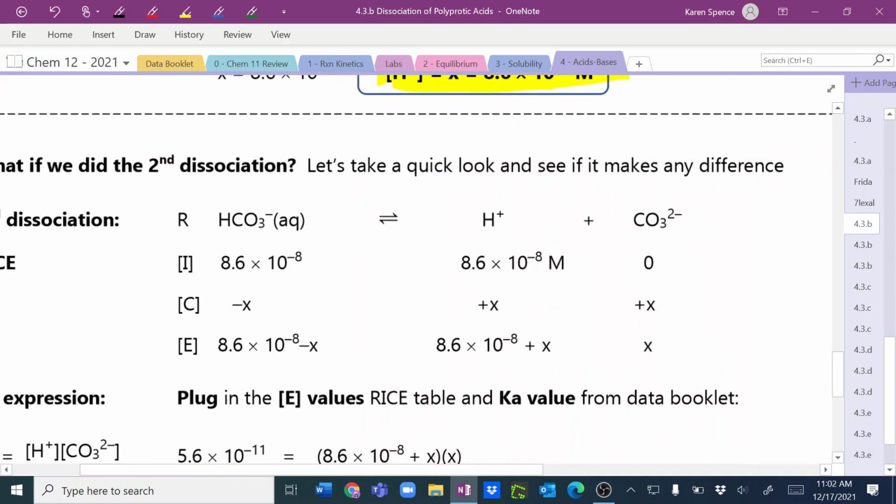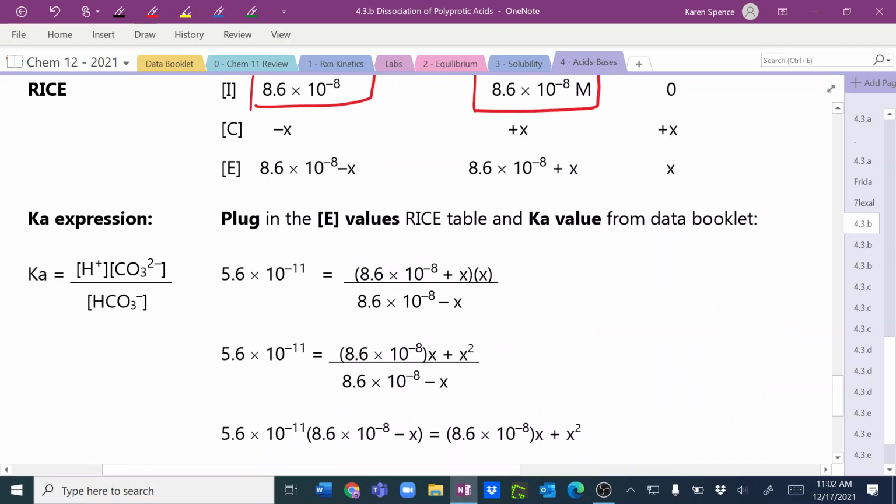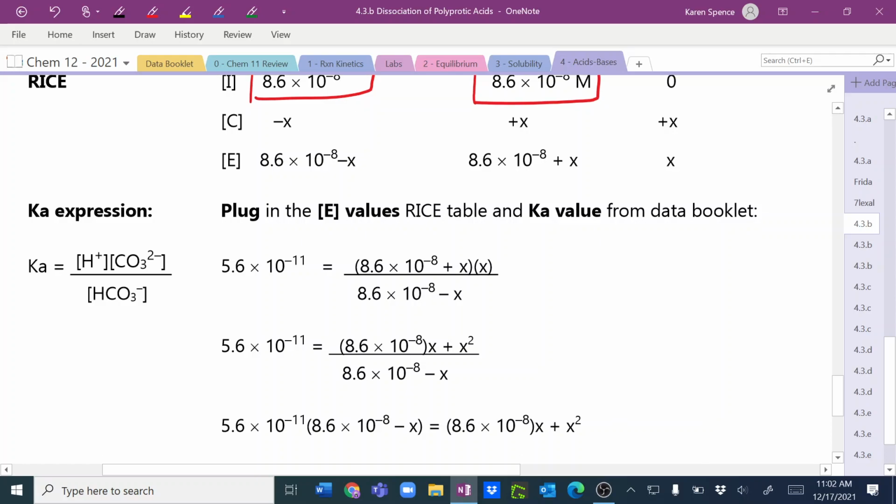So if we were to make a new table, we would have 8.6 times 10 to the minus 8 here and here. And now we would have to add x. And now we get, oh my God, we get a quadratic and there's nothing we can do about it. So we would have to solve a quadratic.